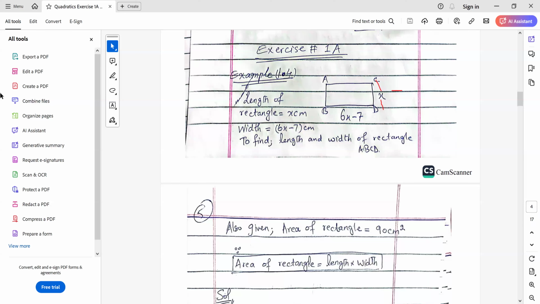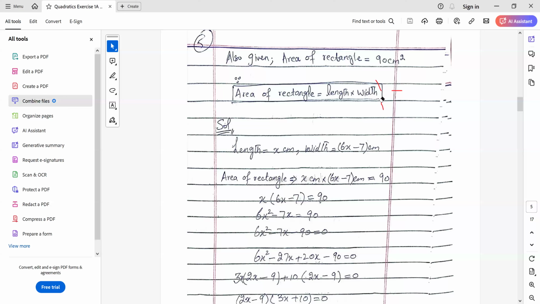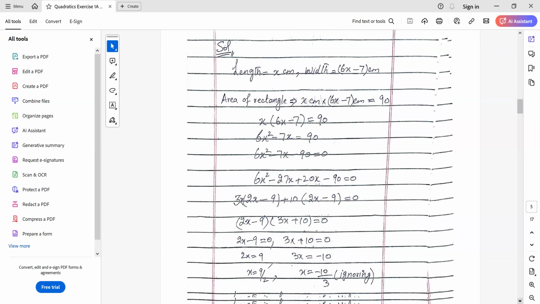90 centimeters square, and we will apply the area formula here to find the length of the rectangle by using the formula of area and factorization techniques.